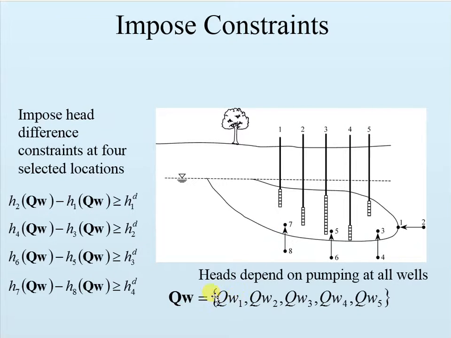In this case, I have the heads depend on the set of decision variables, which are 5 steady-state pumping rates at each of the 5 wells. So those are my constraints for the problem.